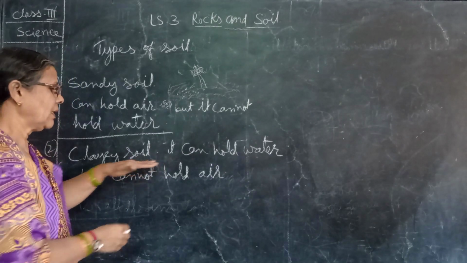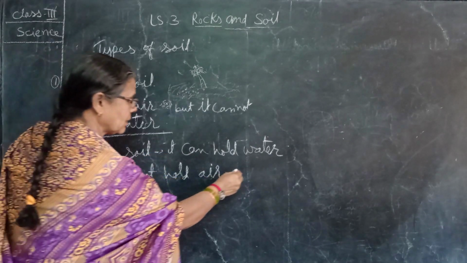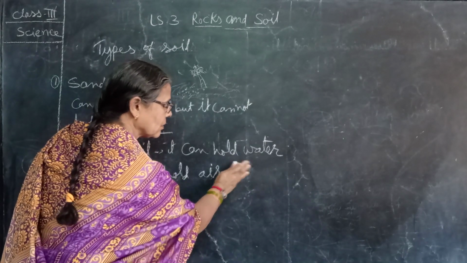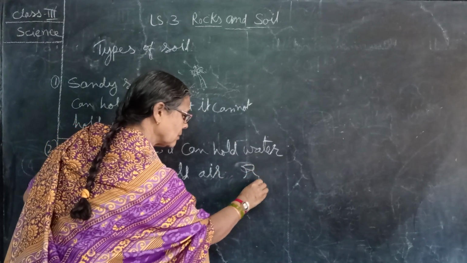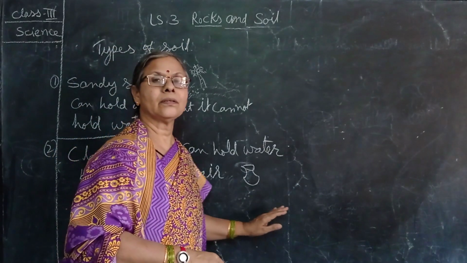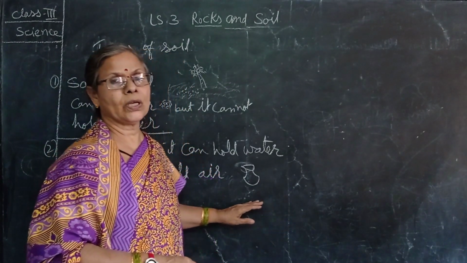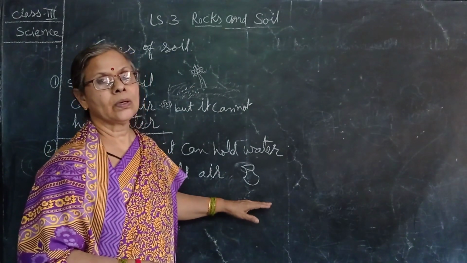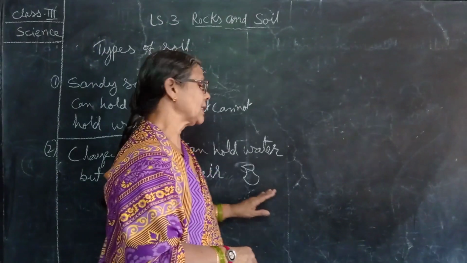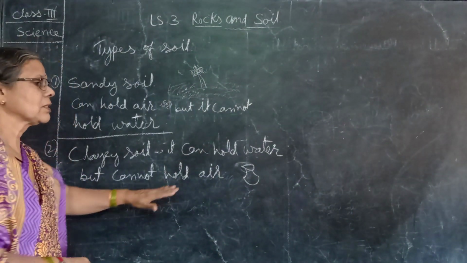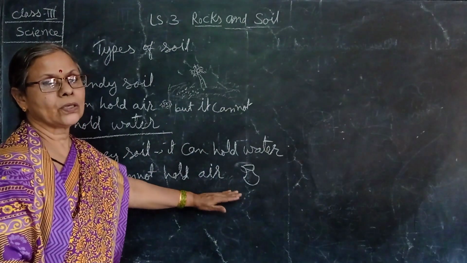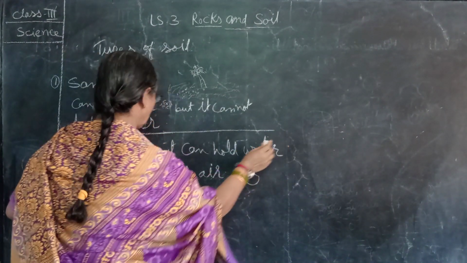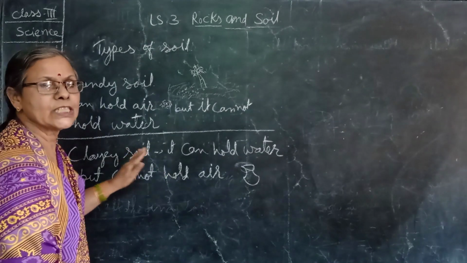So clay soil, only the potter can use. The pot maker can only use this. In this type of soil, very few plants will grow. Not all plants can grow in this type, because it holds a lot of water but not air. This type of soil is called clay soil.